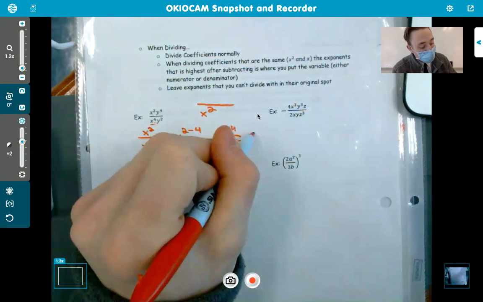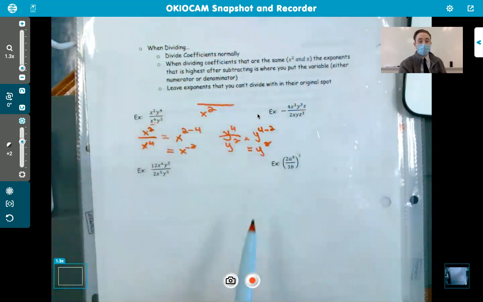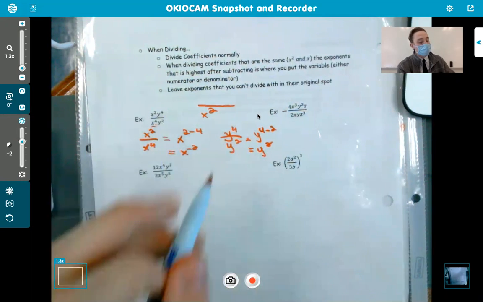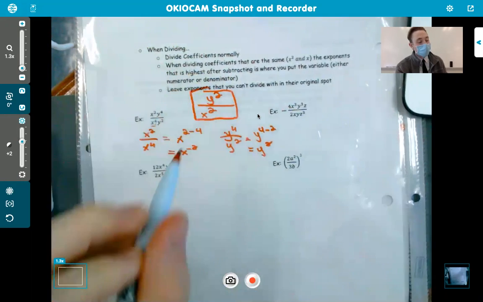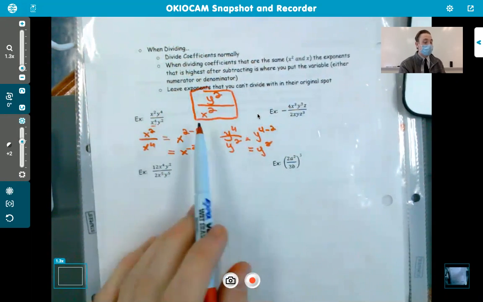Right, so y to the 4 minus 2, or just y squared, right? And it's positive, and my higher exponent's in the numerator, so I'm going to write my y squared in the numerator, and this is my final answer. So that's how it simplifies.